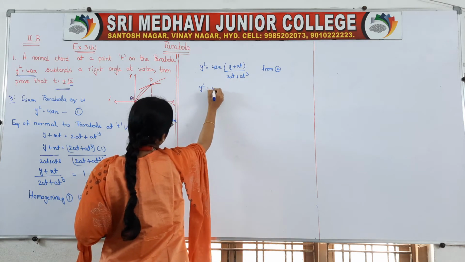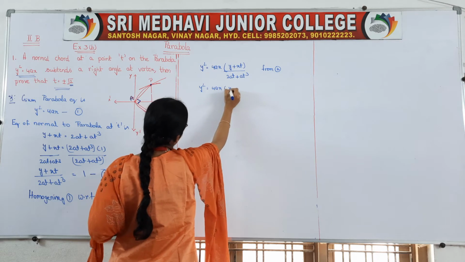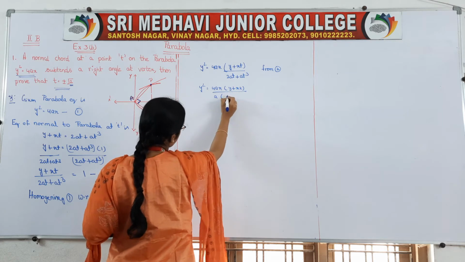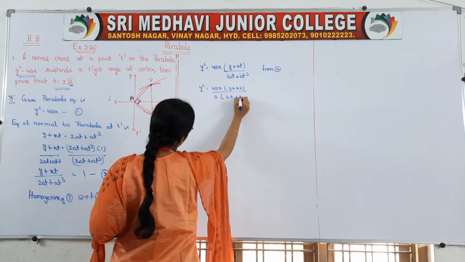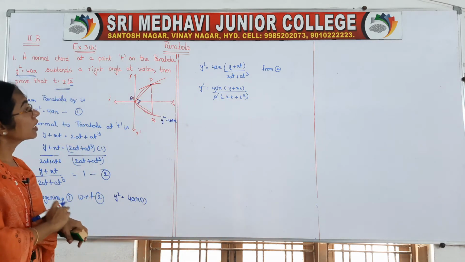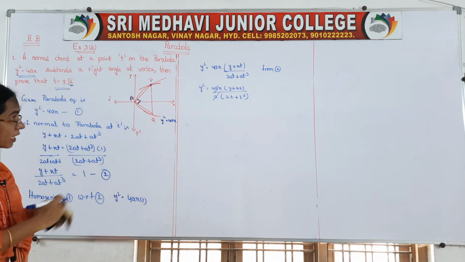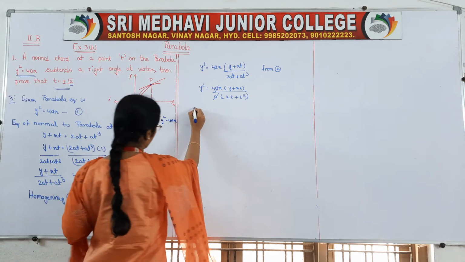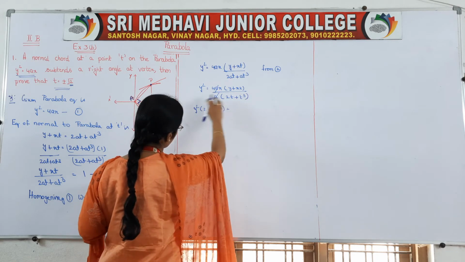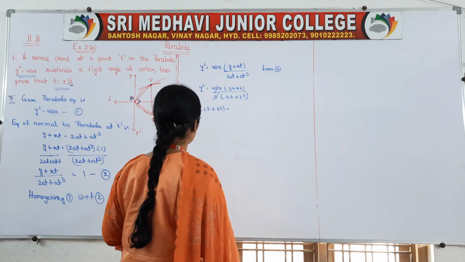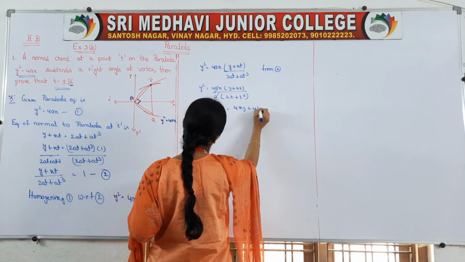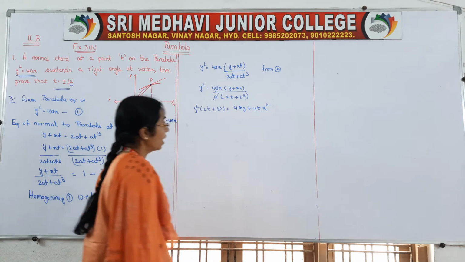So y square is equal to 4ax into (y plus xt) by, you take a outside, then it is (2t plus t cube). The a cancels. Now you send this term to this side: y square into (2t plus t cube) is equal to, multiplying the values, 4xy plus 4tx square.